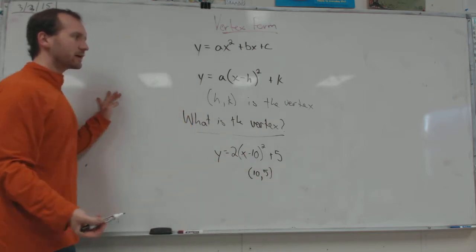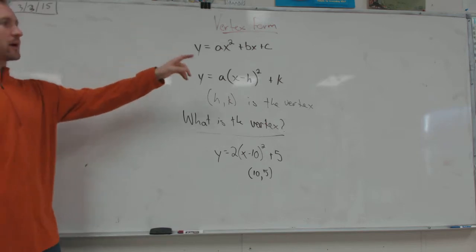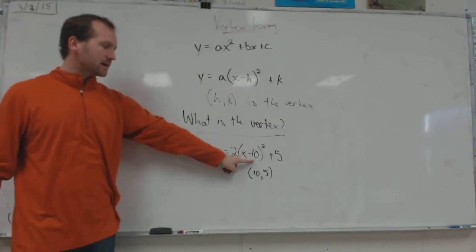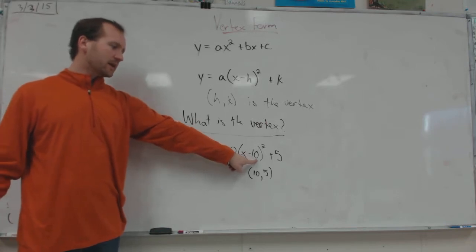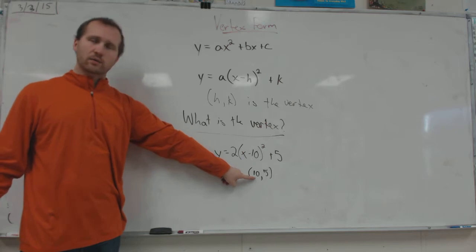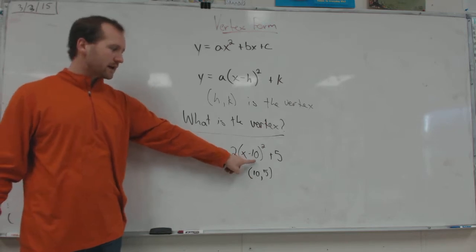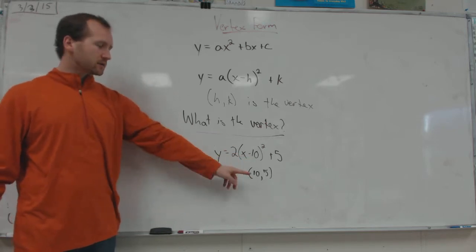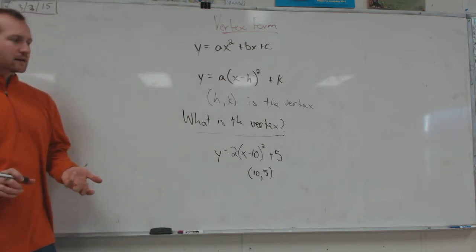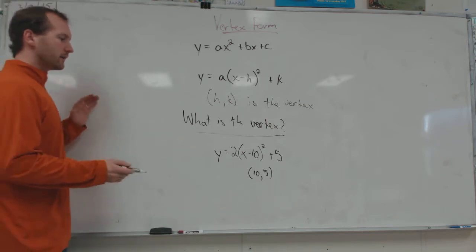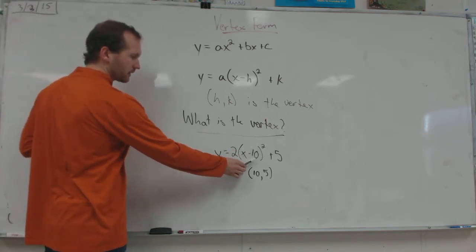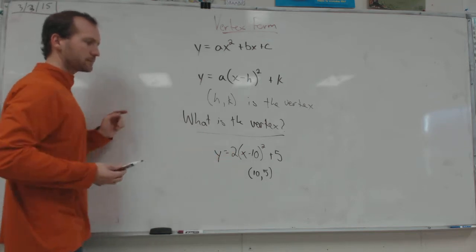So this is kind of like point slope, right? We have a negative in front of our h. So when we look at this number, we're taking the negative of this number as our x coordinate in the vertex. So minus 10, that means that the x coordinate is 10. And it sort of makes sense in that 10 minus 10 is what's going to give you 0 in these parentheses.